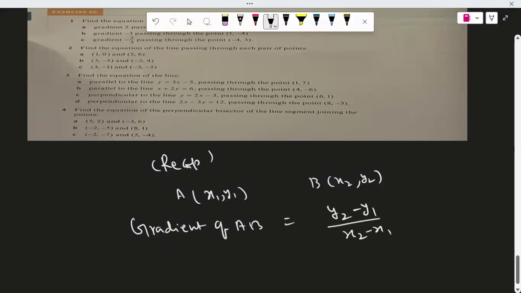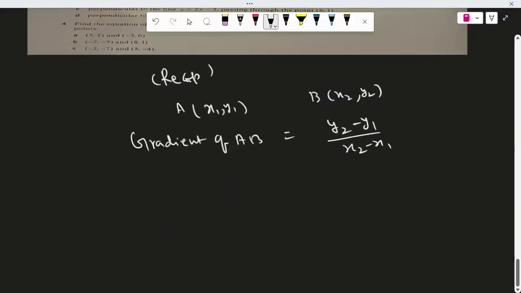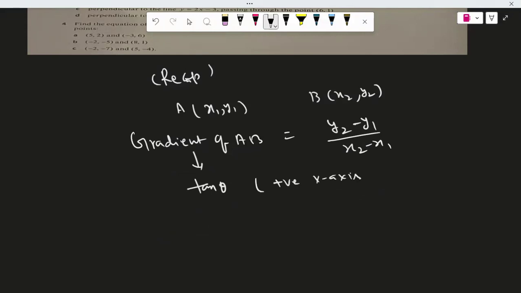Secondly, gradient is also the tangent of the angle made by the line with the positive direction of the x-axis. And what is the positive direction? That is the anti-clockwise direction, ACW.